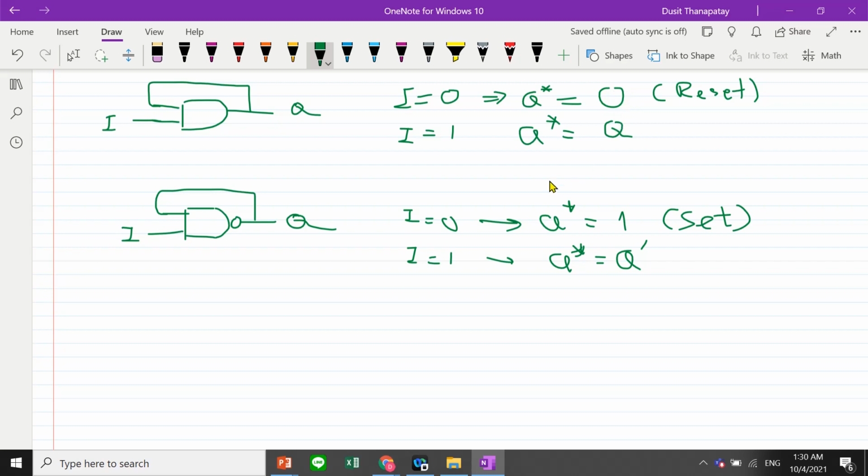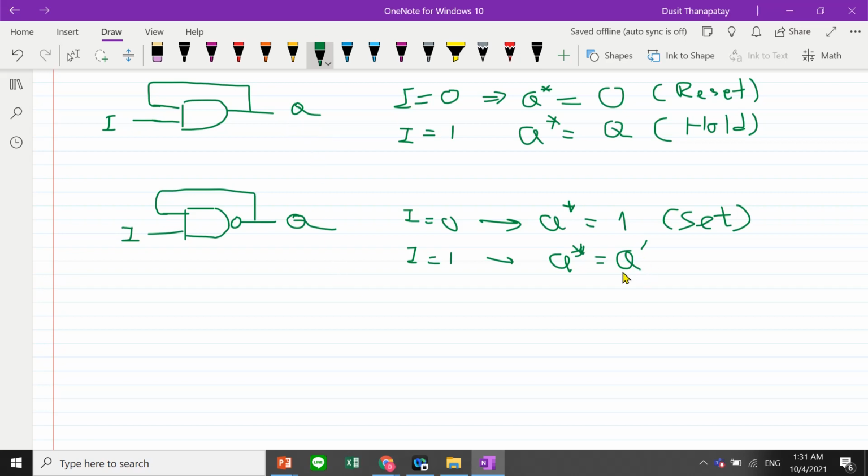And the next word, maybe this one. When you apply some input and the output should be the same, not change, it is hold. Output does not change. It is still the same value as the previous one.